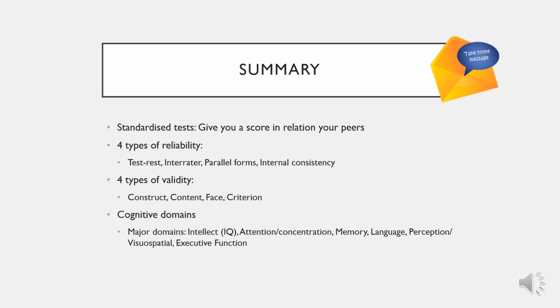Tests don't just need to be standardized, they also need to be reliable and valid. We've talked about 4 different types of reliability and 4 types of validity. No cognitive test is perfect, but we try to get the reliability and validity indices as high as possible.